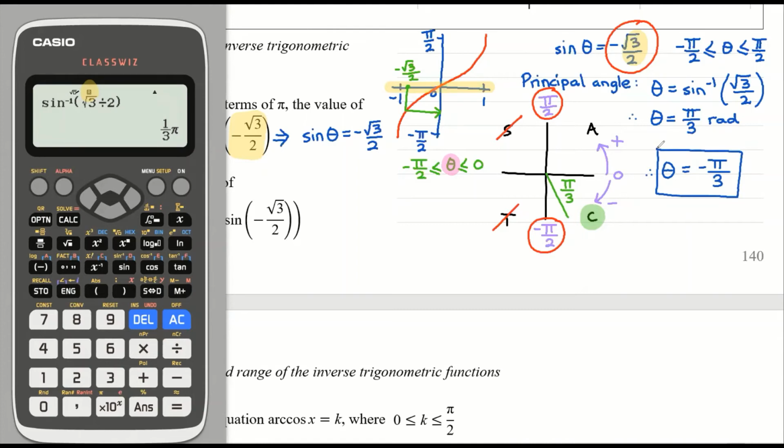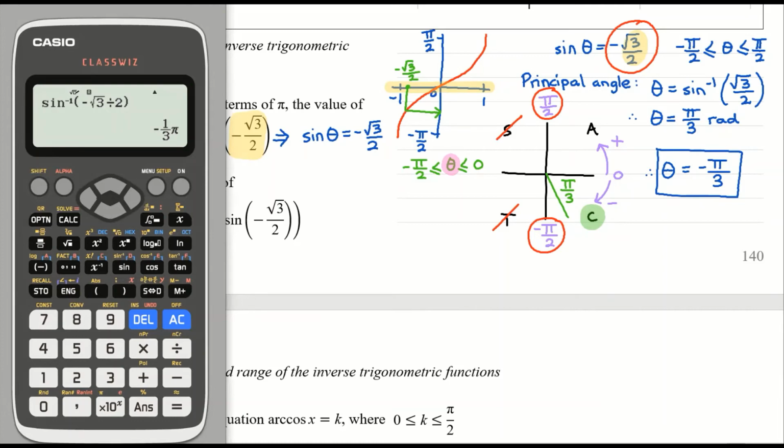Now, if you want to check this on your calculator, you can. Just to try that again. Negative √3 divided by 2. Okay, we get the negative pi over 3. So the calculator, the CAST diagram, and the sketch are all in agreement.